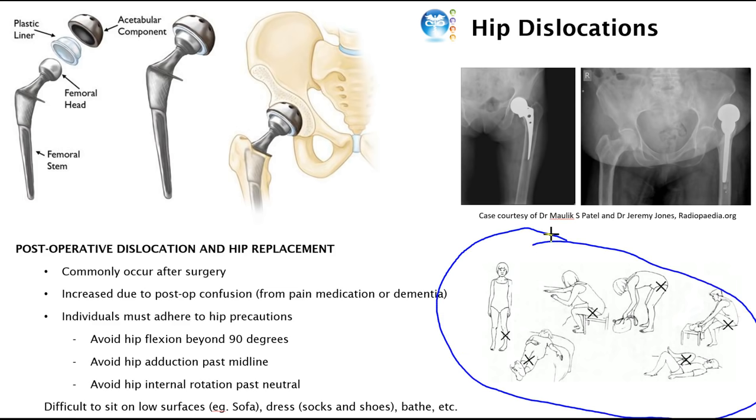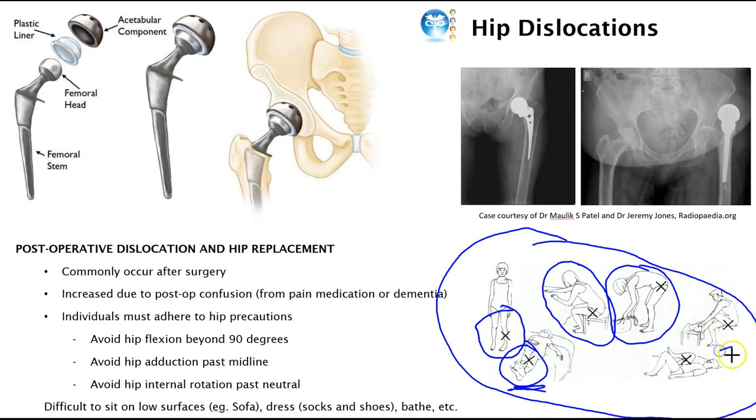Such precautions include restricting a patient to less than 90 degrees of hip flexion, as seen here in these two pictures, avoiding hip internal rotation past midline, and avoiding hip adduction past midline. Of course, these precautions make normal activities of daily living very difficult, especially putting on socks and shoes, as well as sitting on low surfaces such as a sofa.